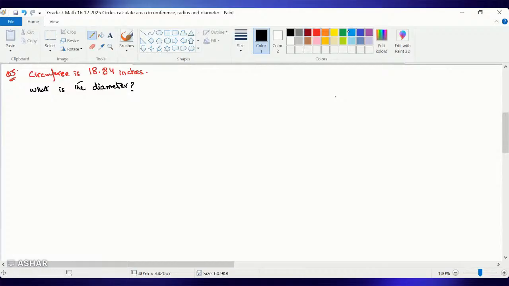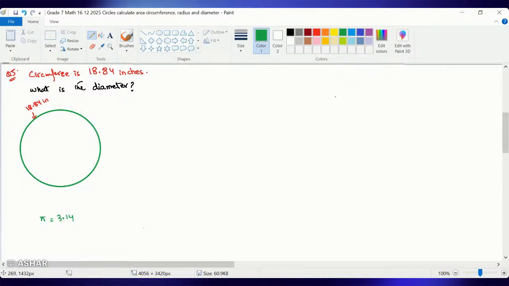That means if a circle is given to us, the outer ring of the circle is 18.84 inches, right? That is the outer ring of the circle. We know that the value of pi that we need to use is 3.14.